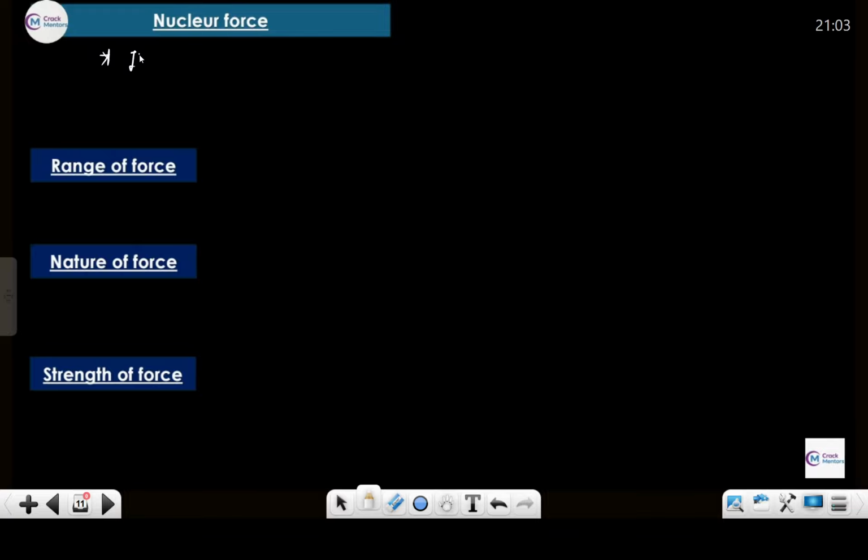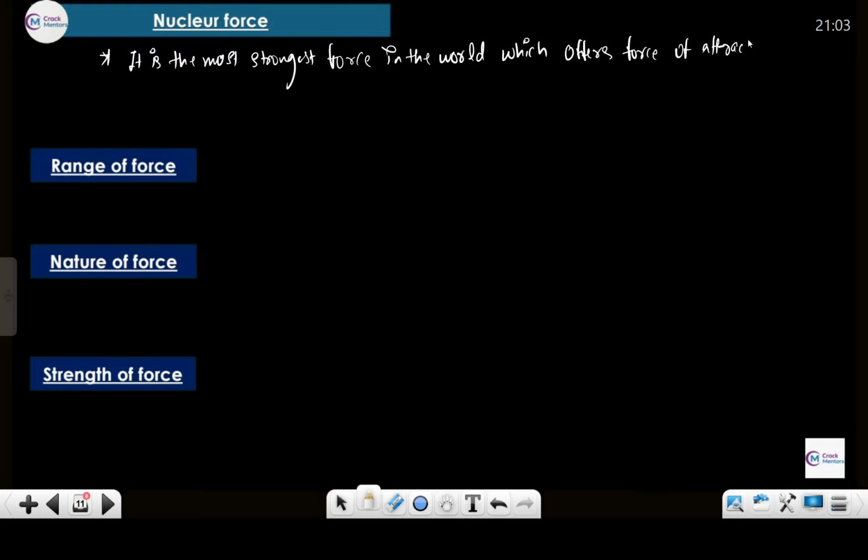Nuclear force is nothing but the strongest force in the world, which offers a force of attraction between protons and neutrons, neutrons to neutrons, and protons to protons.